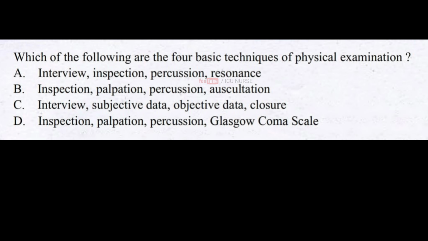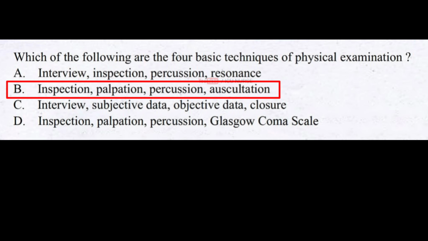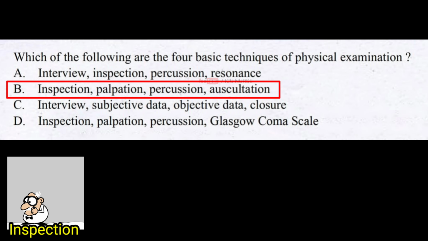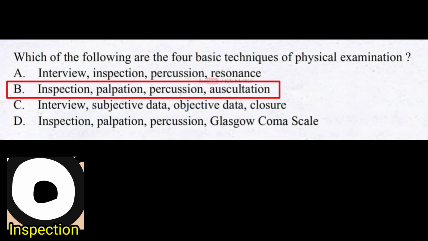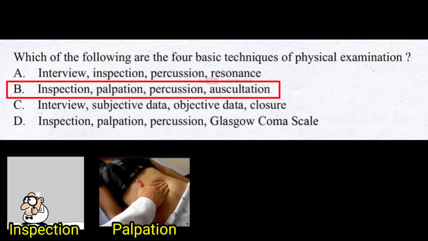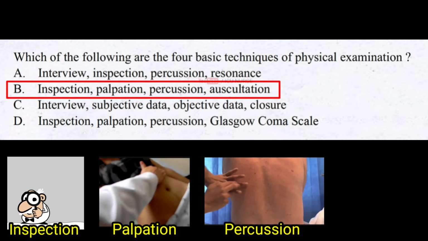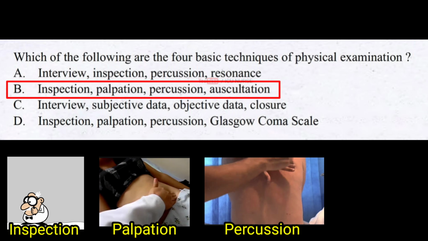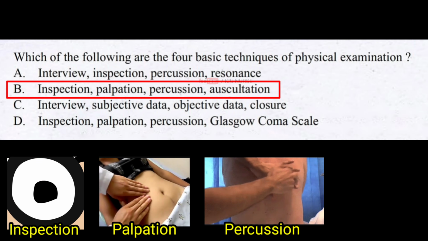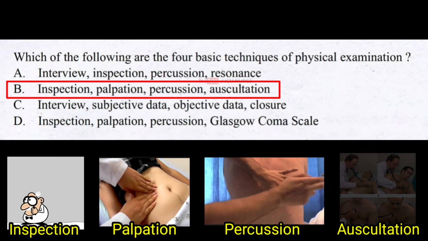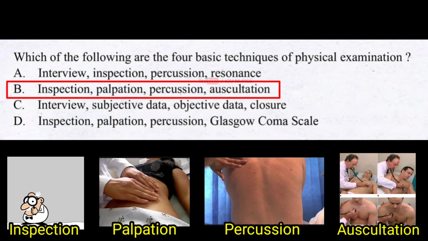And the correct answer is B. Inspection, palpation, percussion, auscultation. Inspection, looking at the body. Palpation, feeling the body with fingers or hands. Percussion, producing sounds usually by tapping on specific areas of the body. Auscultation, listening to sounds.